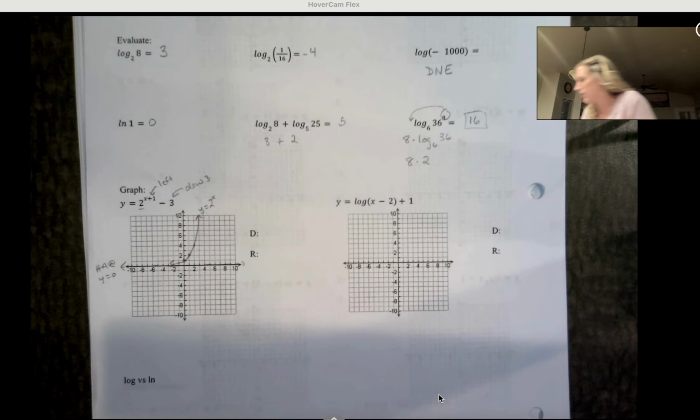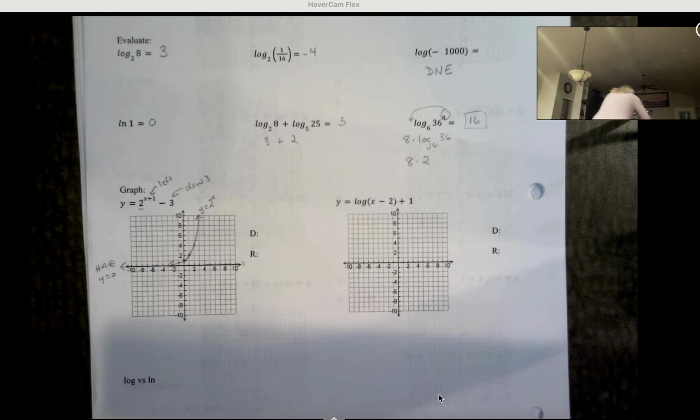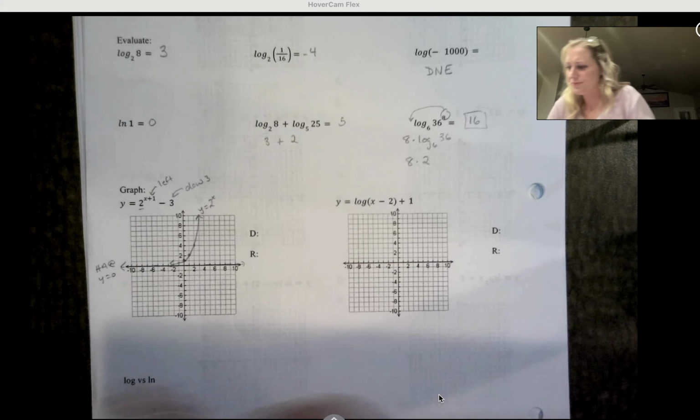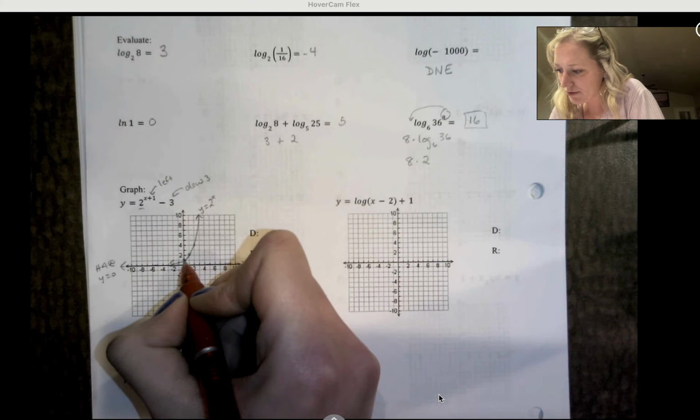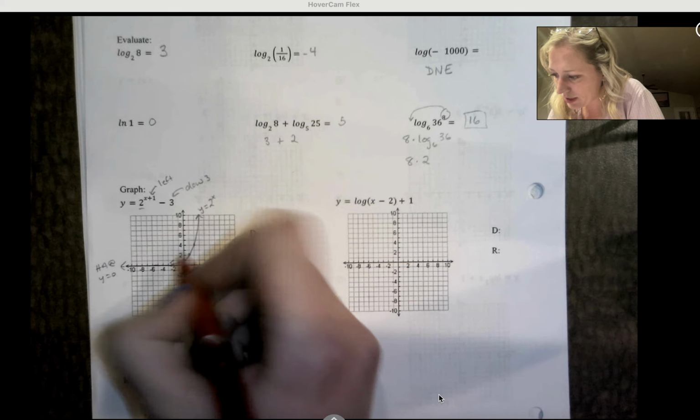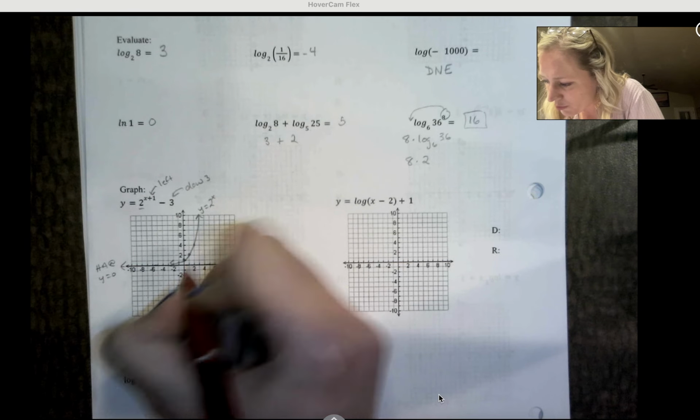I'm actually going to grab a pen really quick so you guys can see my graph. Okay, so I'm going to move my intercept down 3: 1, 2, 3. And I'm going to move this point down 3 as well.